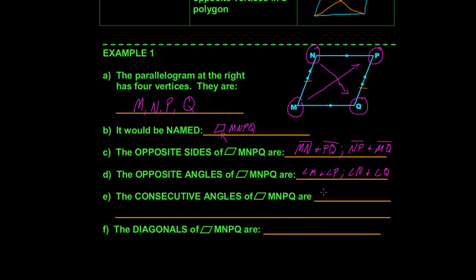We're going to say angle N. Now, if we go this direction here, we're going to run into angle P. So there's two of them. Now, let's also start with angle N and go this direction. We have angle M.